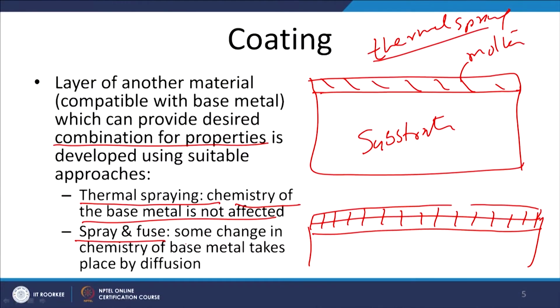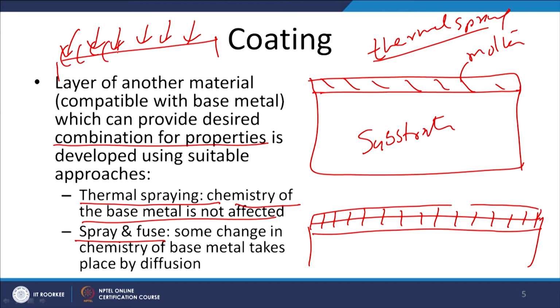Another one is the spray and fuse process, where some change in chemistry of the substrate material takes place by diffusion, because in this case initially the material is sprayed onto the substrate surface and then it is fused.